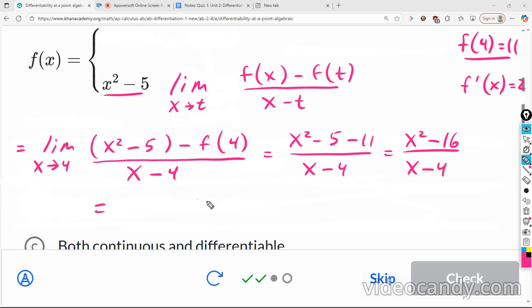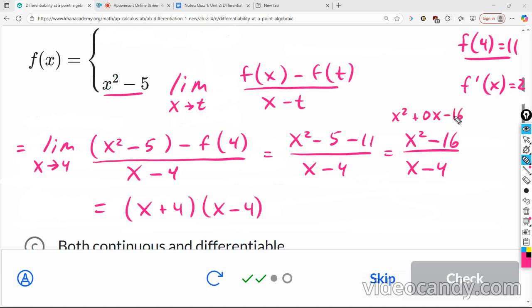Okay, x squared minus 16 factors into x plus 4, x minus 4. All right, if you don't see it, imagine x squared minus 16 is the same as x squared plus 0x minus 16.